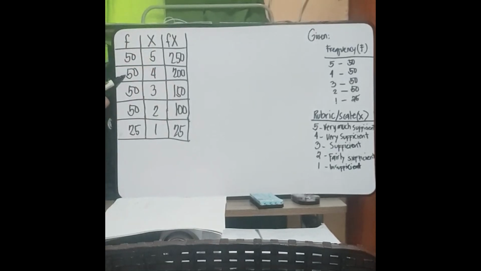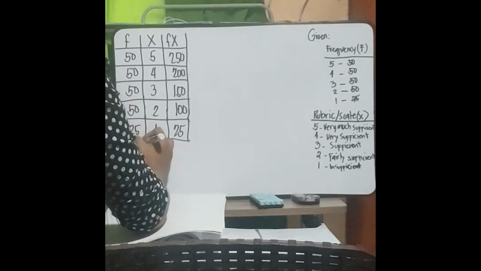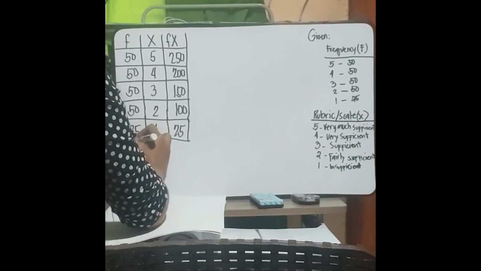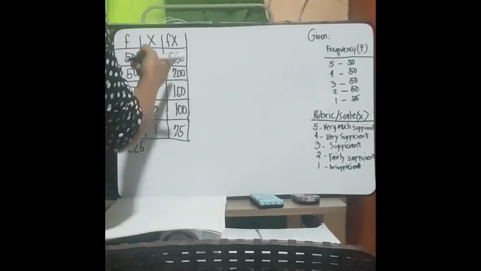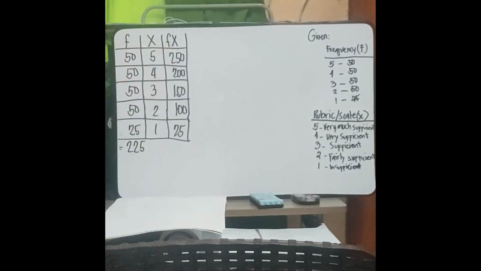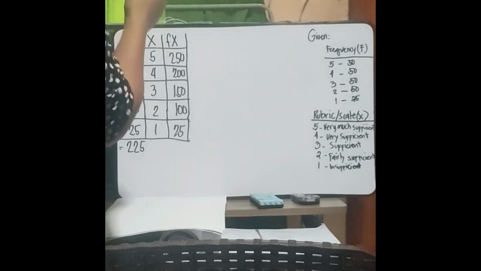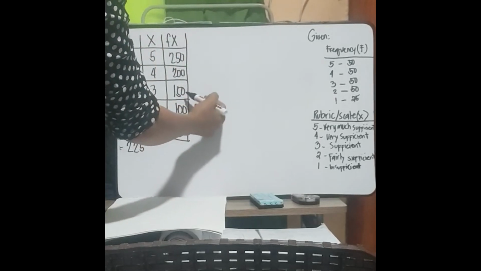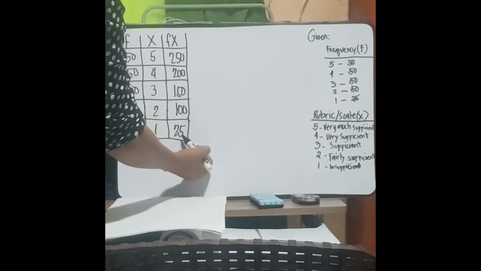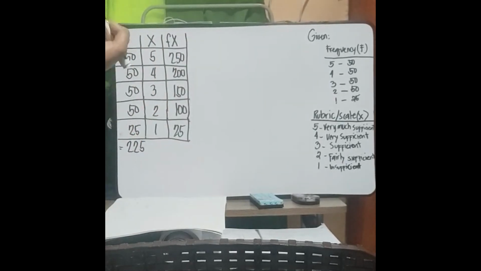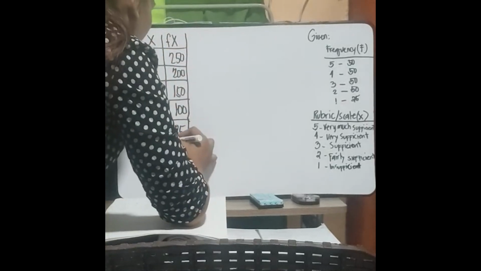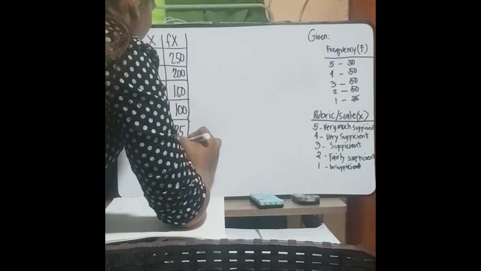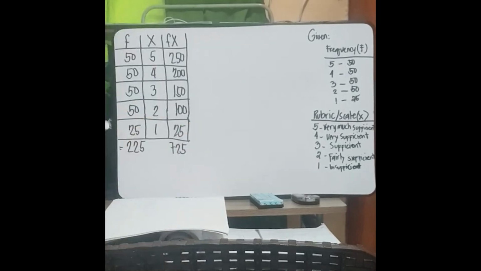So 50 plus 50 plus 50 plus 50 plus 25. So we will have the total frequency of 225. And also, we will add all the F on X. So, we have 250 plus 200 plus 150 plus 100 plus 25. So, we will arrive to the total of 725. And this is our F on X.